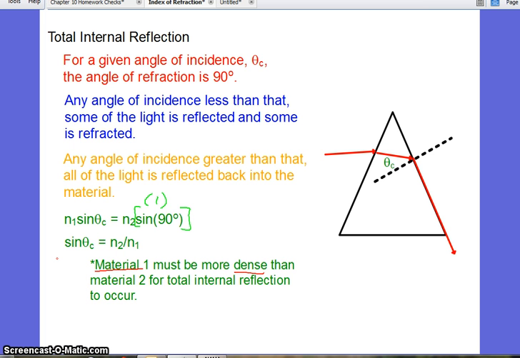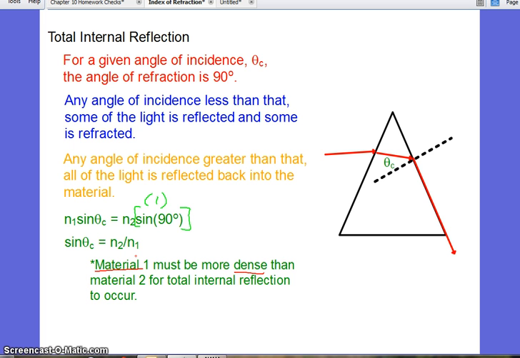You cannot have a sine function have a value more than 1. The maximum value for the sine of any angle is 1. So mathematically, n2 has to be less than n1. In other words, material 1 must be more dense than material 2 for this total internal reflection to occur.